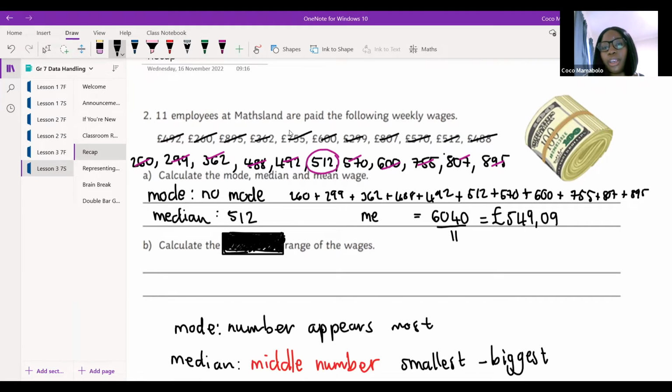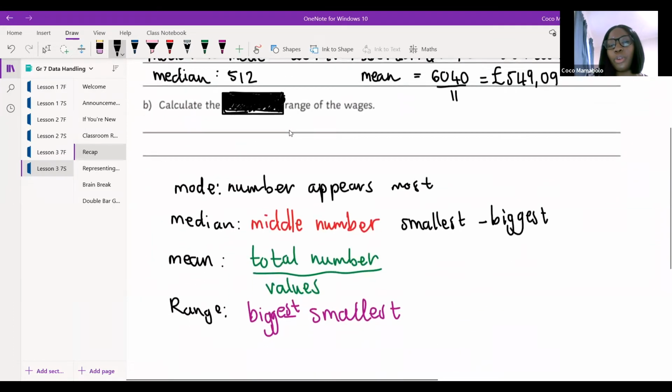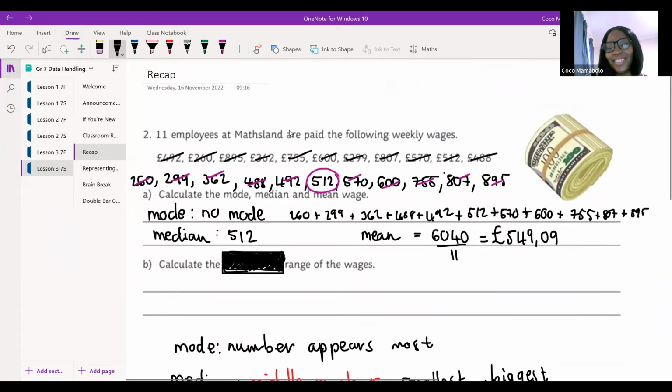We found that the mean was 549,09. How do we calculate the range, Buthe? Ma'am, may I please have a quick reminder? Okay, thank you, ma'am.